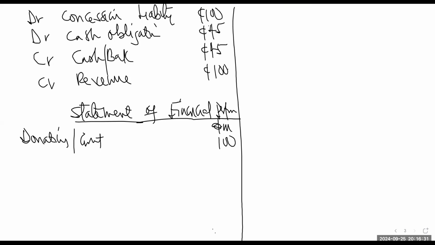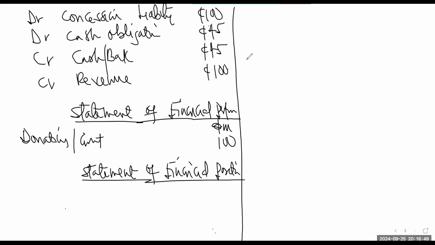So in our statement of financial position, we have the service concession assets as a non-current asset, which is 980 million, isn't it?